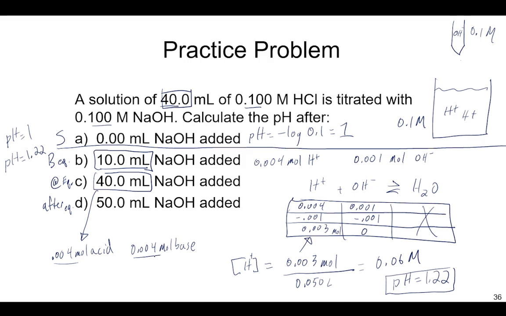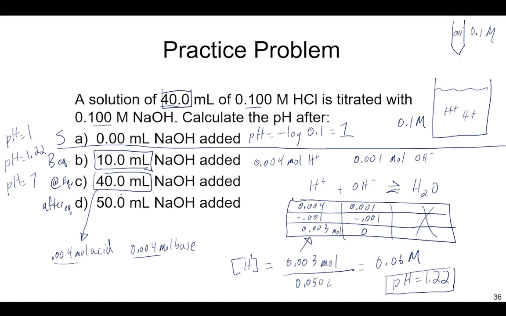Moles of acid equals moles of base. This is a strong acid, strong base problem at the equivalence point. pH is 7. Don't have to do anything else. Moles of acid equals moles of base. Strong acid, strong base, pH 7. Done. That won't be the case for weak acid or weak base titrations we'll talk about next lecture, but it's the case here. All right, so we've done part C.